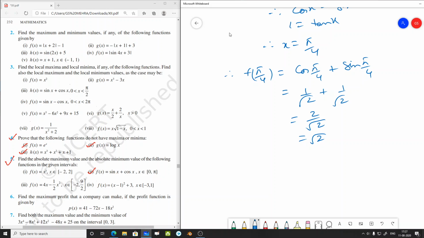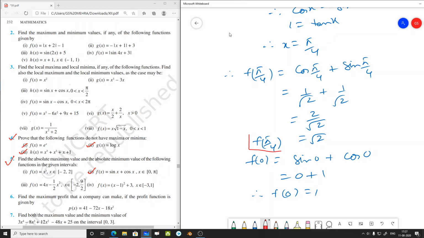Next we'll find the value at the end points. So f(0) equal to sin 0 plus cos 0. Sin 0 is 0 and cos 0 is 1. So therefore f(0) equal to 1. This was our f(pi by 4).